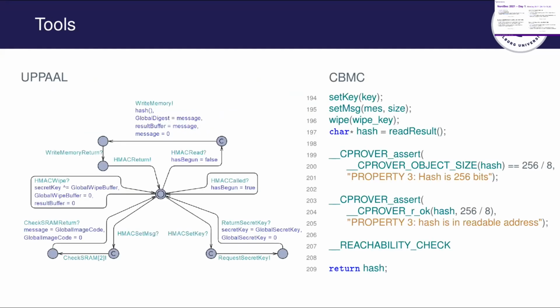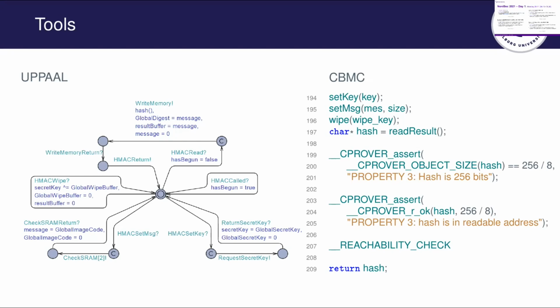So the tools we'll be using are two different modeling tools. One is UPPAAL, which is a well-known model checker from Aalborg University. That, of course, the people at Aalborg University are quite familiar with, and it has the nice feature that it is especially good for timing-based properties.